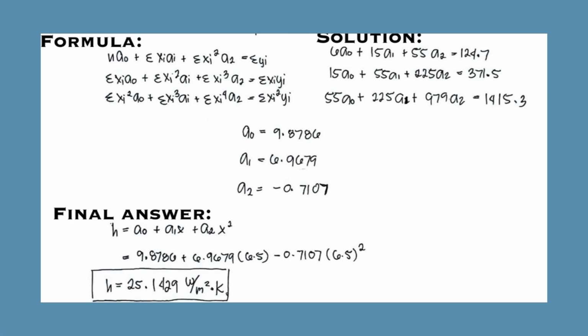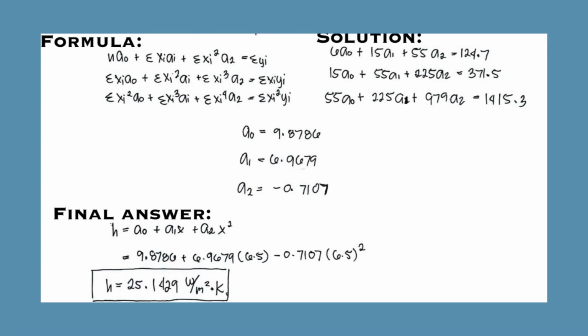Next is summation x sub i a sub 0 plus summation x sub i squared a sub 1 plus summation x sub i cubed a sub 2 is equal to summation x sub i y sub i, and so on for the third.